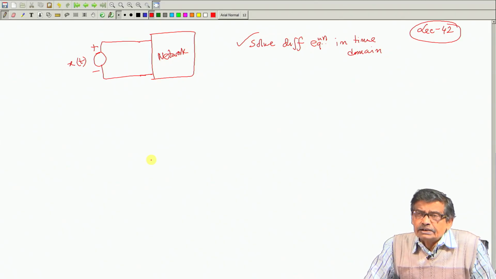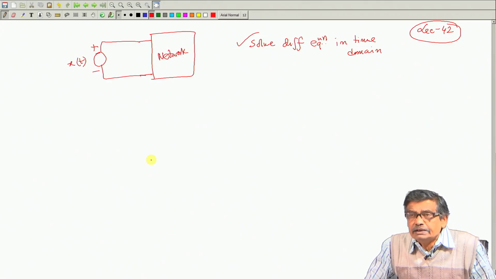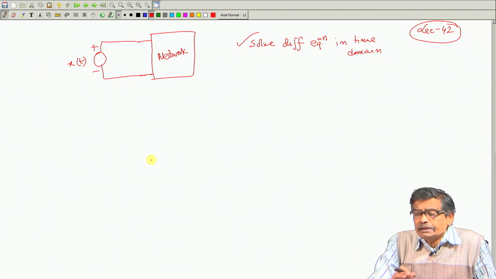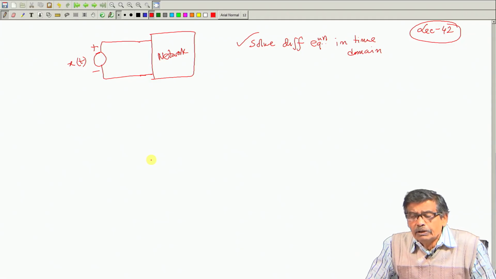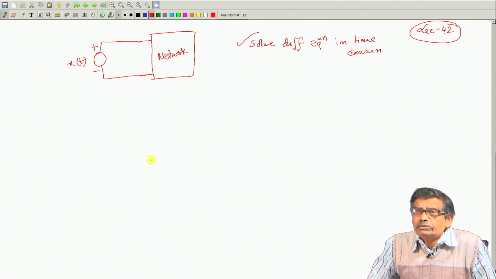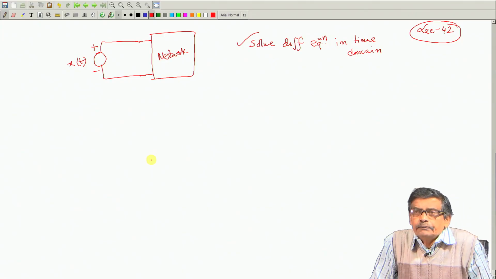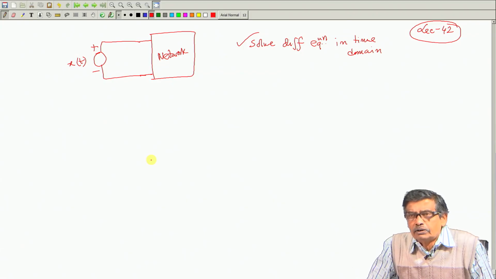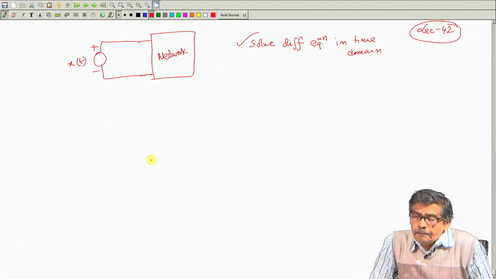For an inductor, for example, i(0+) will be i(0-) plus 1/L if an impulse is applied to a series RL circuit. Then I also told you these solutions will generally consist of a natural response and a response due to the forcing function, also called the steady state response.